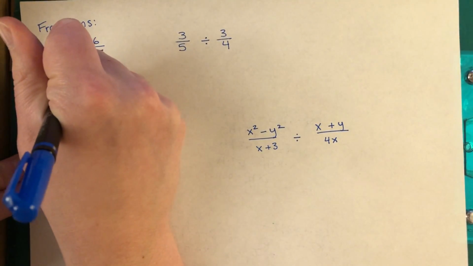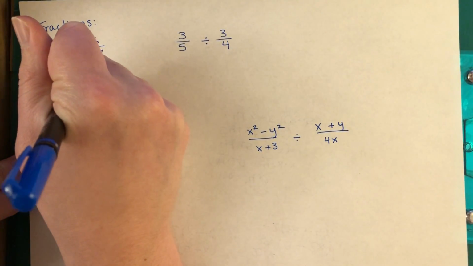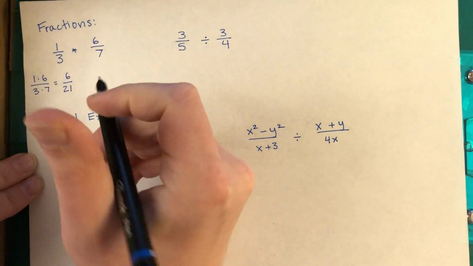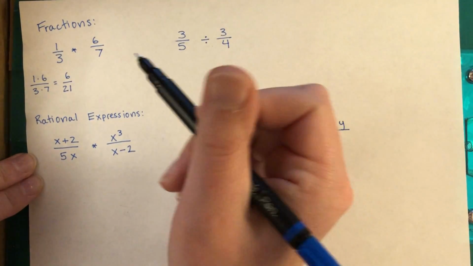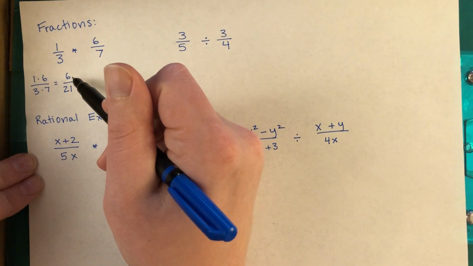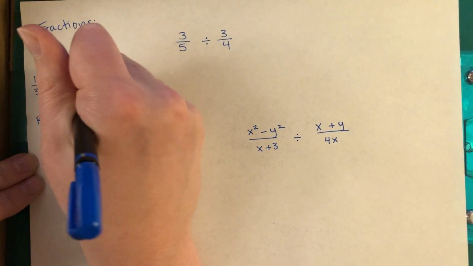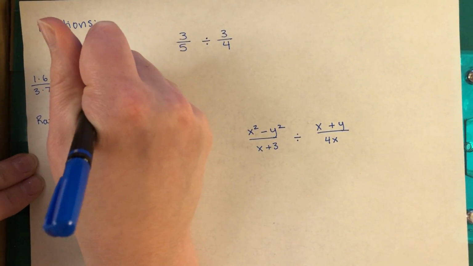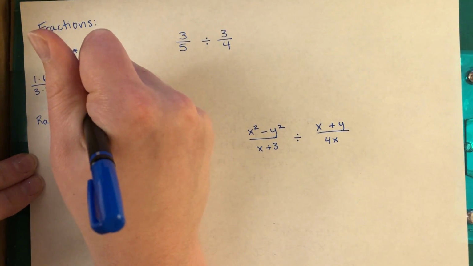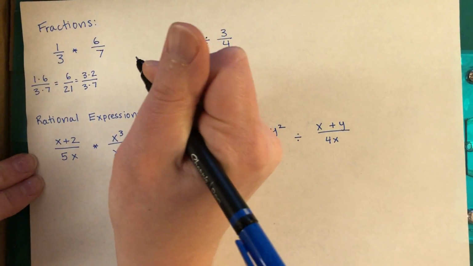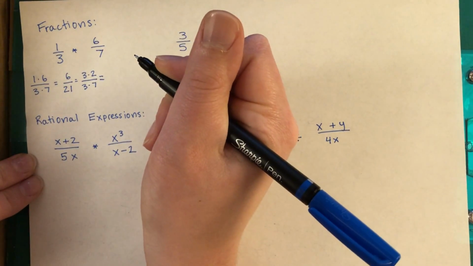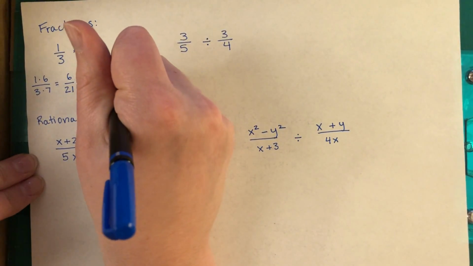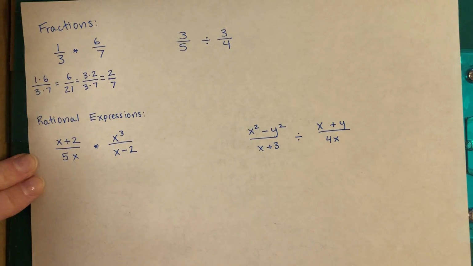That would give you 6 over 21. And then you could look for common factors. In this case, you could write 6 as 3 times 2, and you could write 21 as 3 times 7. So this would simplify to 2 over 7.